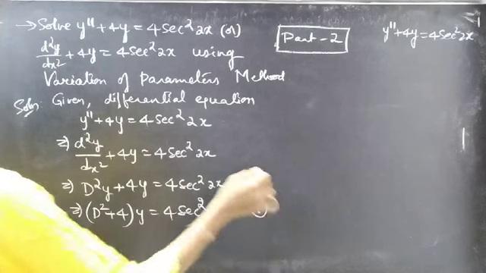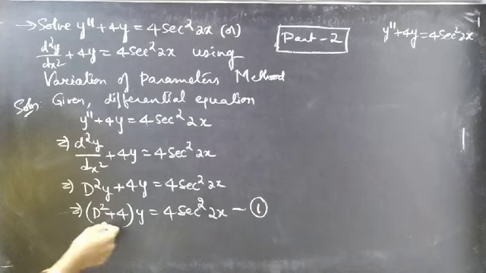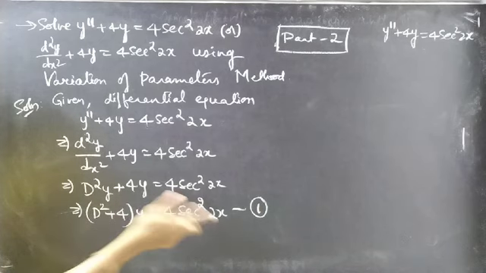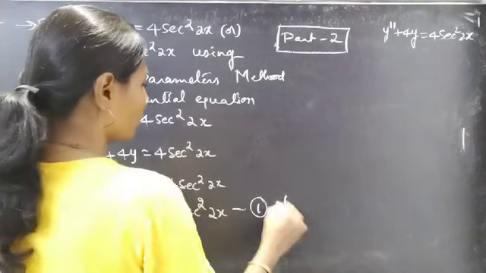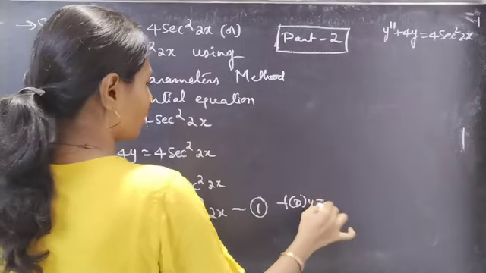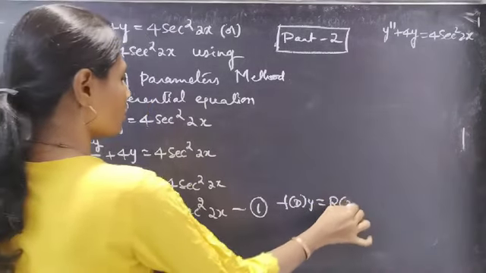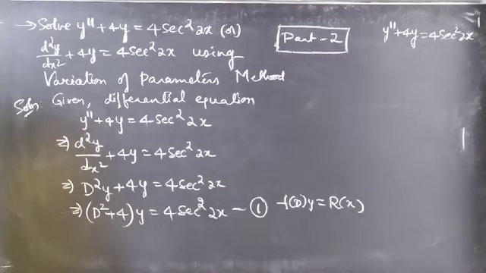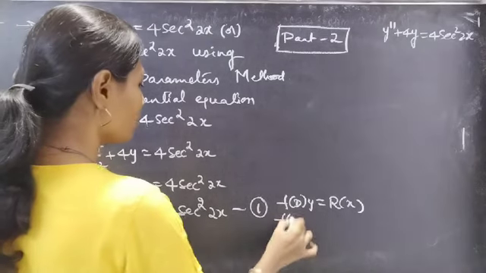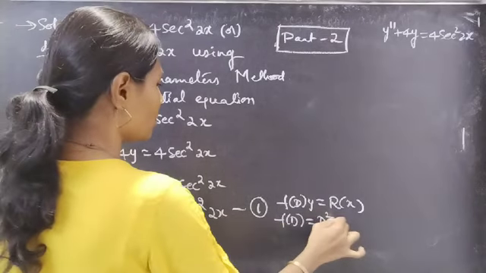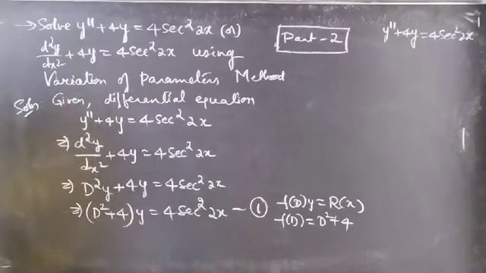Consider as equation number 1, which is in operator form f of d into y equal to some function of x. I'll write the RHS part as some r of x for my convenience, okay? And here f of d is, where f of d is d square plus 4.